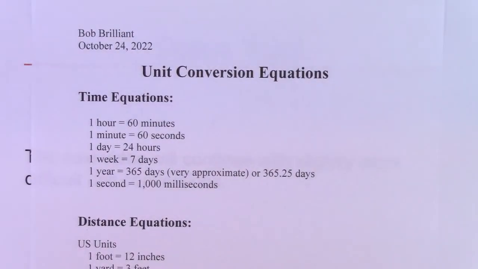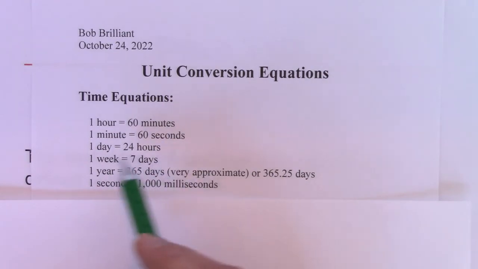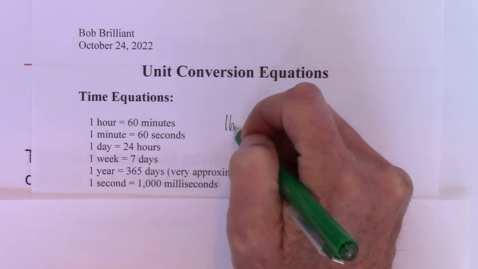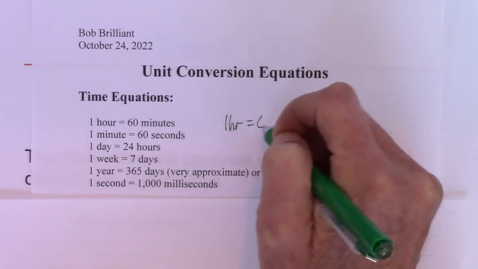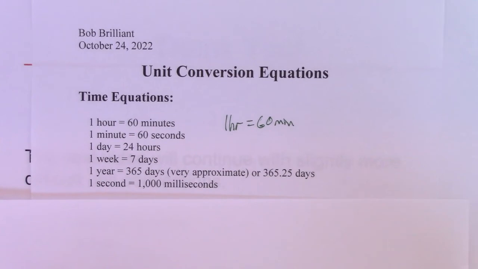I want you to begin with time equations and write out all these time equations. 1 hour equals 60 minutes, 1 minute equals 60 seconds. If you want to abbreviate it, you can. So that would be 1 HR equals 60 MIN. But if you do that, make sure you're using the correct abbreviations. Go ahead and write all those out and then restart the video.